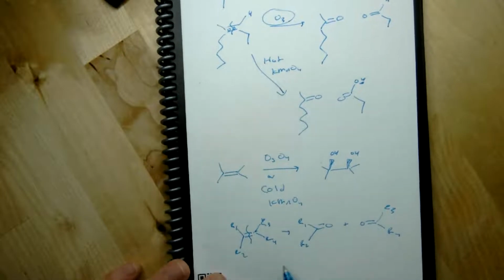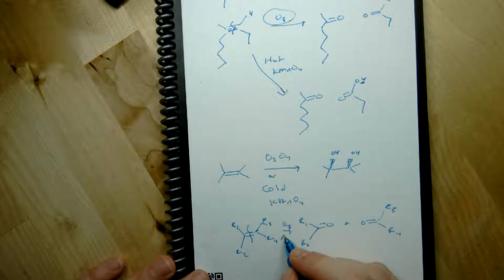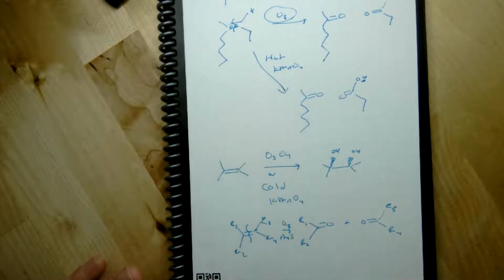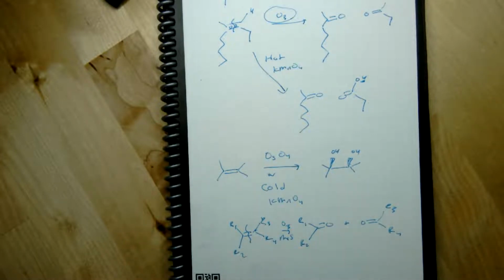Sometimes there will be a solvent. KMnO4 will do the same thing if it's hot. But if one of these R's is a hydrogen, then things get dicey. If one of those R's is a hydrogen and you want an aldehyde, you just use O3. That's a good question.